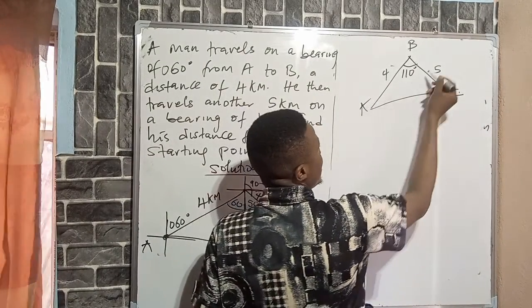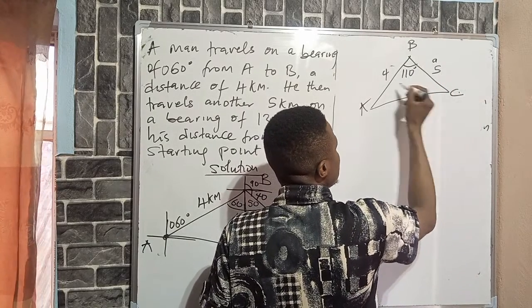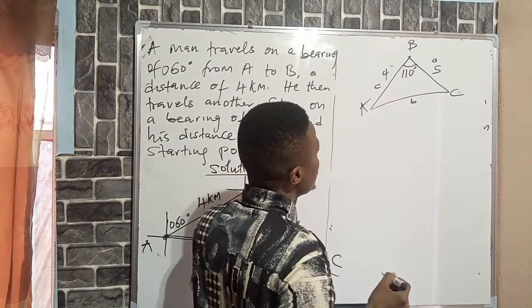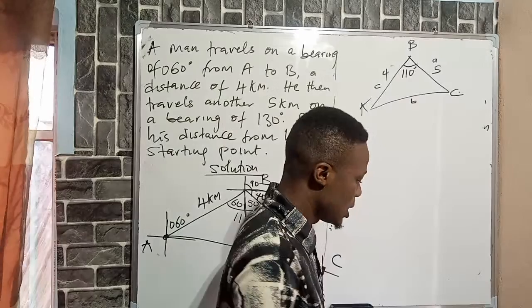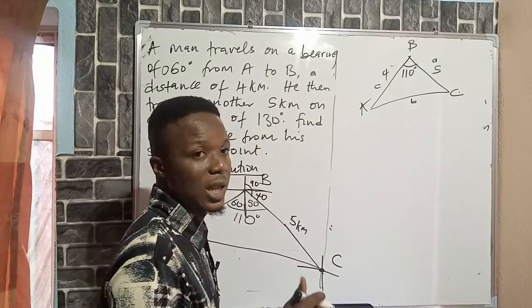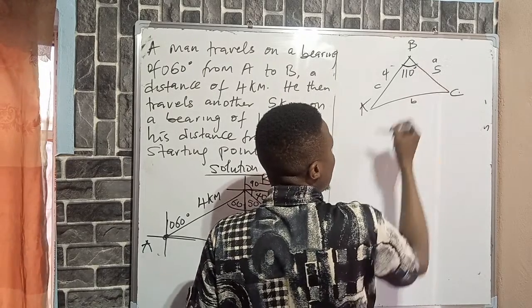If here is capital A, here is small a, capital B, small b, capital C, and small c. So the distance from the starting point is this b here. I can use the cosine rule, because you use it when two sides and an included angle are given.